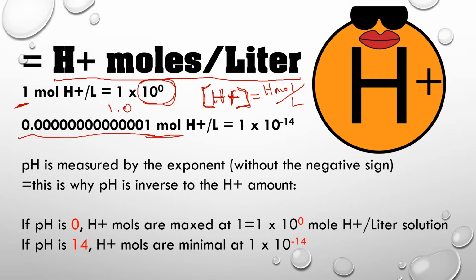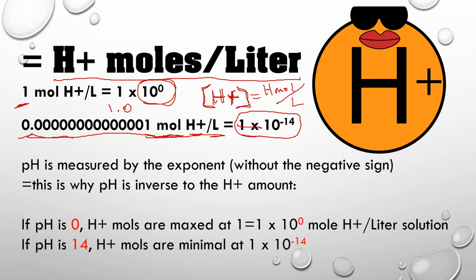And if you're confused by this, then go back and watch my videos on scientific notation. But 10 to the negative 14th moles of hydrogen per liter is written like this. And when we're dealing with pH and it's just a 1, you can leave that off and say 10 to the negative 14. That's the same thing. Now pH is measured by the exponent without the negative sign.